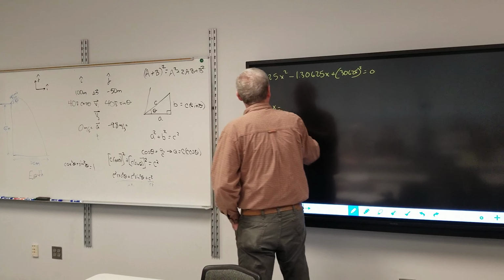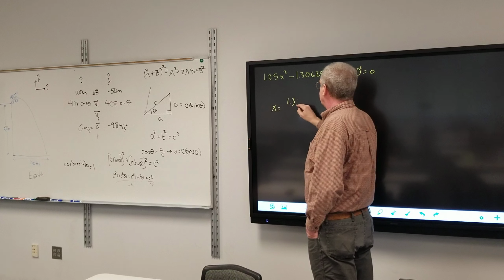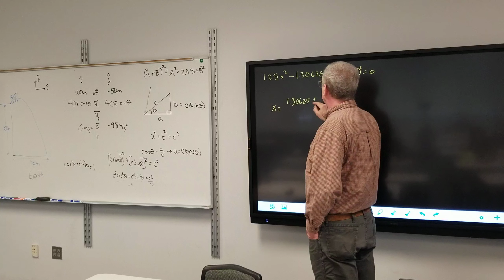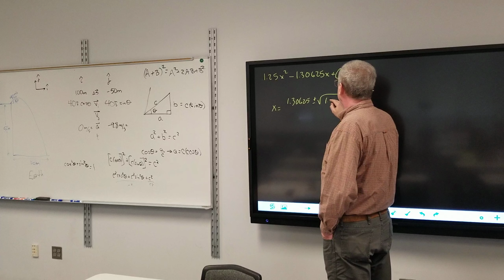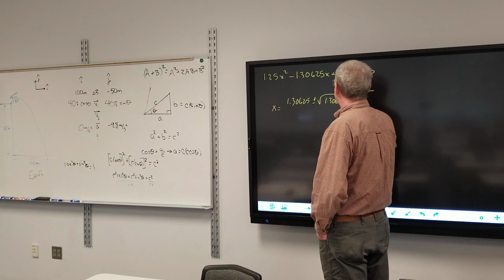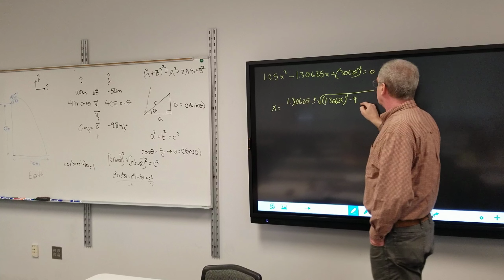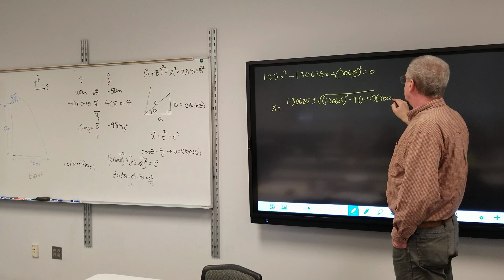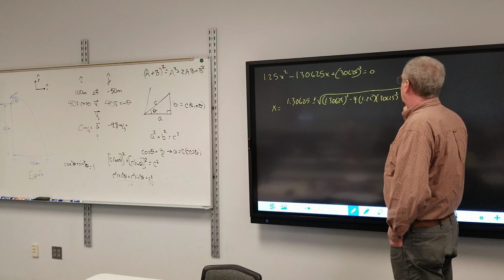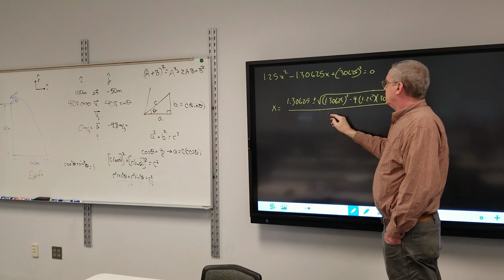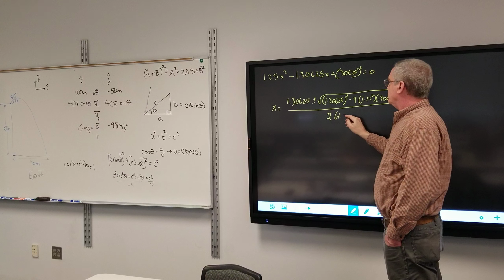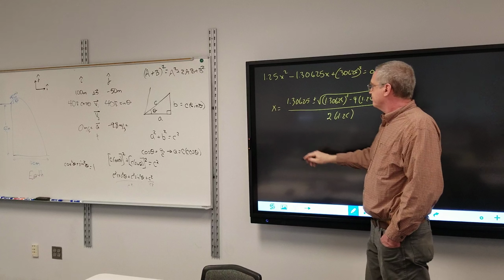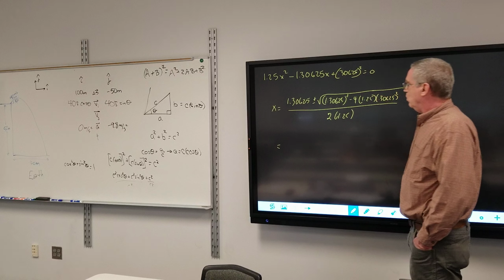So x equals 1.30625 plus or minus the square root of 1.30625 squared minus 4 times 1.25 times 0.30625 squared, all over 2 times 1.25. And what do we do next?